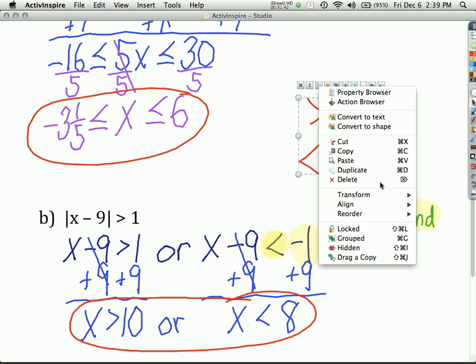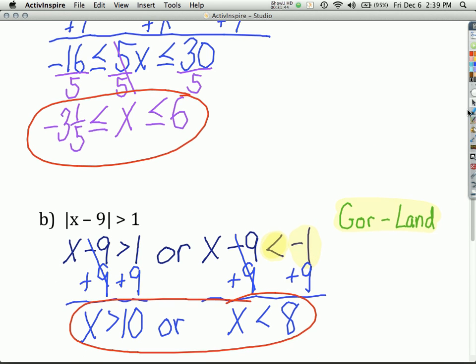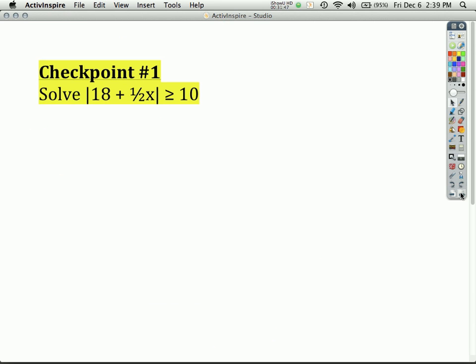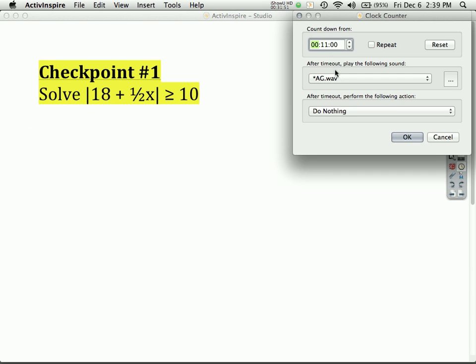Okay? Good. So let's see how you do on your own. So I expect a moderate level of success so far. Checkpoint number 1. You got 2 minutes.